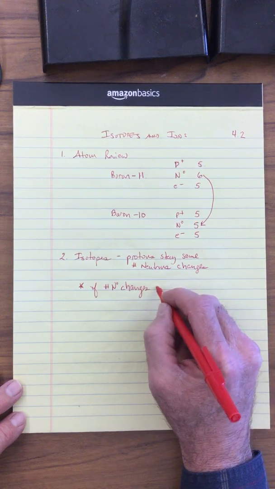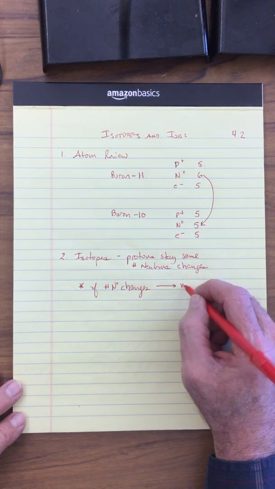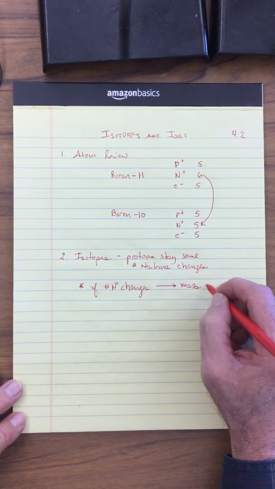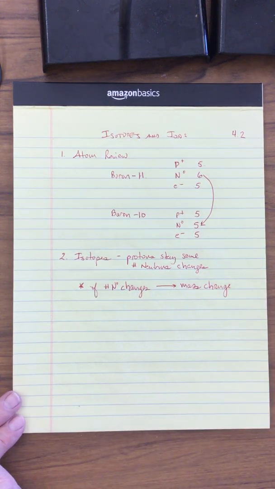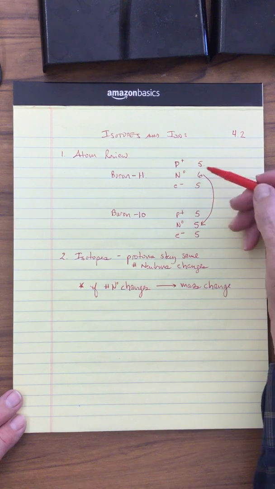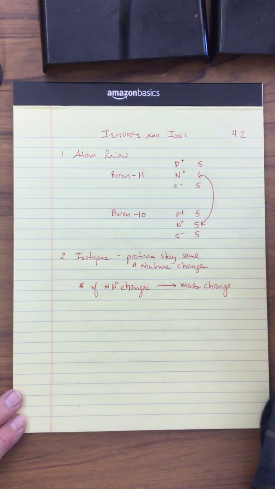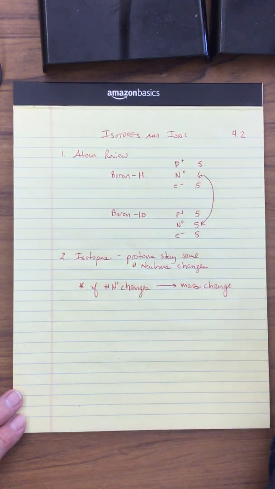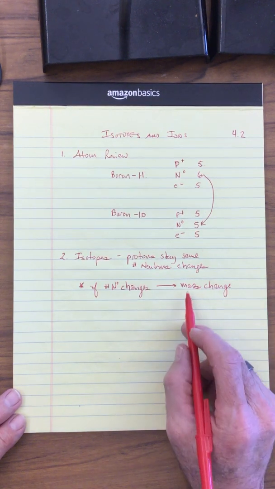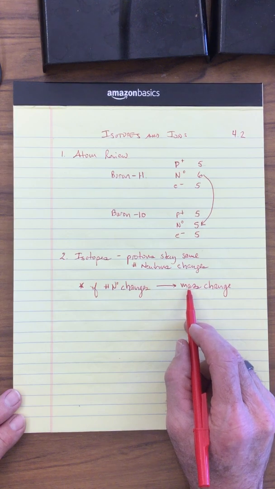It's the mass of the atom. So the mass of the atom is going to change. So again, the protons don't change, the electrons don't change, but we change the number of neutrons. So if we change the number of neutrons, we're changing the number of particles that are inside the nucleus. And it's the things inside the nucleus that give the atom its mass.